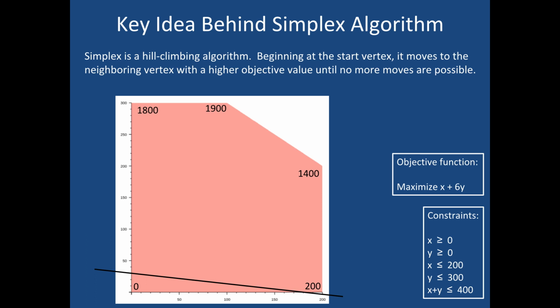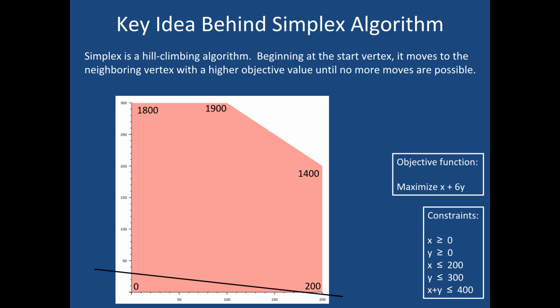And I argued last week that it has to be at one of the corners. And what was the crux of the argument? Well, what did this line represent? Okay, that's the objective function, the line x plus 6y equals some constant.